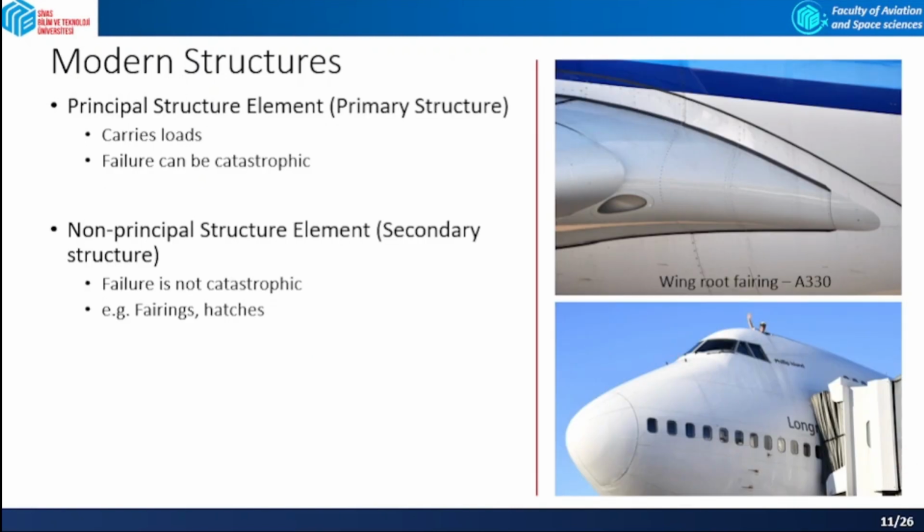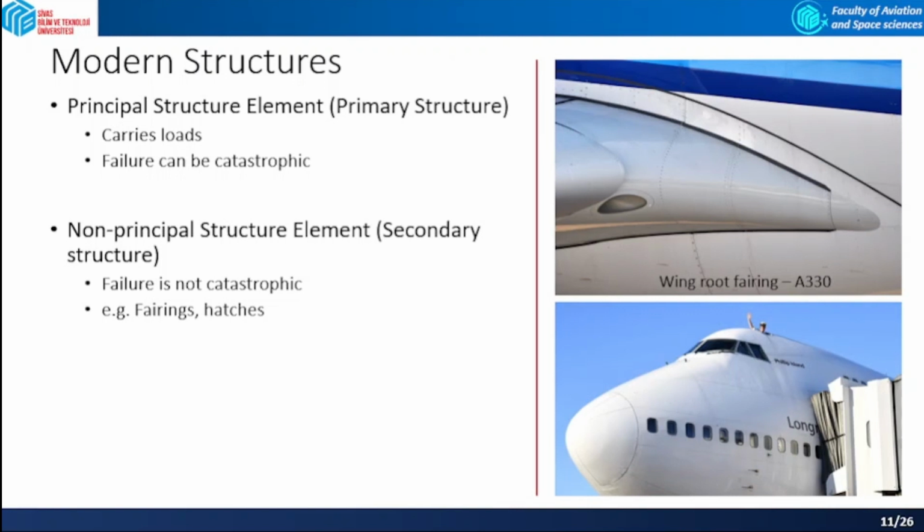Even though the skin bears a significant amount of weight, not all parts of the structure share the load equally. This is why we classify structural components into primary and secondary structures.